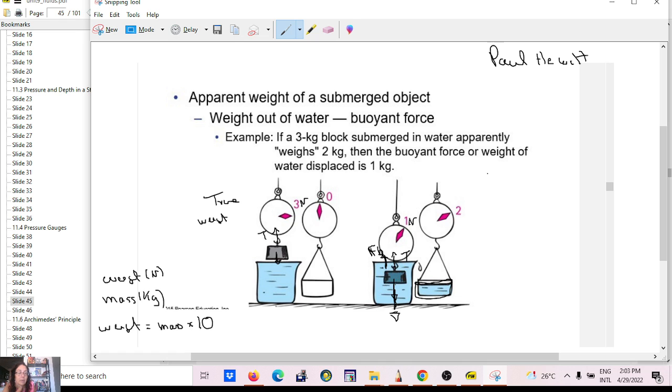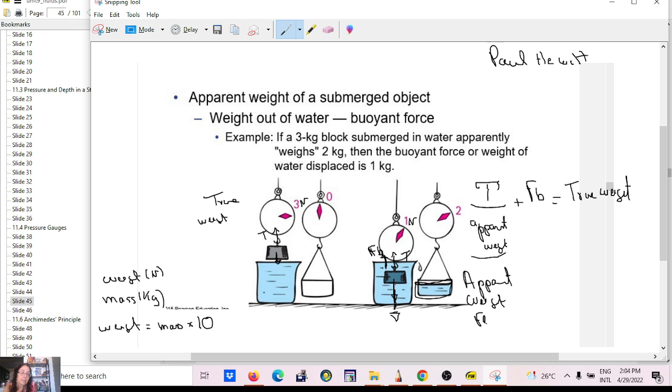You see here it's in equilibrium, so T, the tension, which is the apparent weight, is up, plus the buoyancy force is up, equals the true weight. So the apparent weight in the fluid will be the true weight minus the buoyant force.